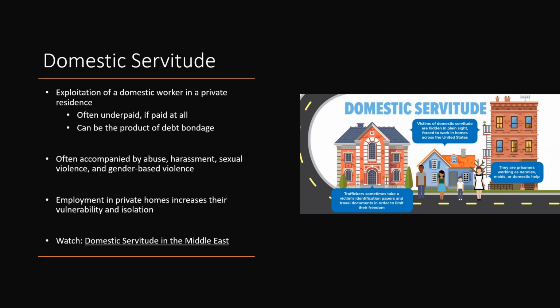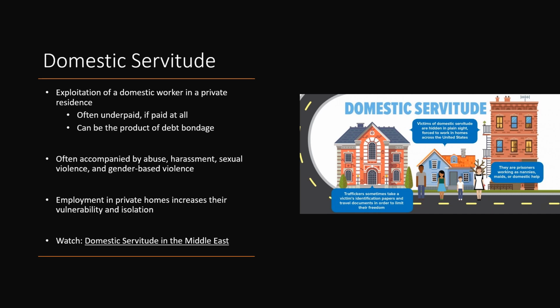Involuntary domestic workers are often underpaid, if paid at all. In some cases, domestic servitude is a product of debt bondage. Individuals, especially women, confront various forms of abuse, harassment, and exploitation. They're usually not free to leave their employment, or their ability to move freely is greatly restricted.